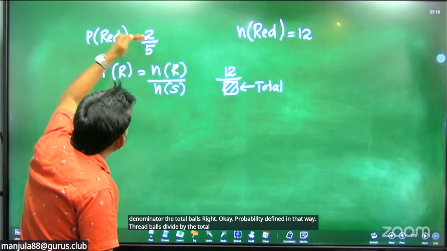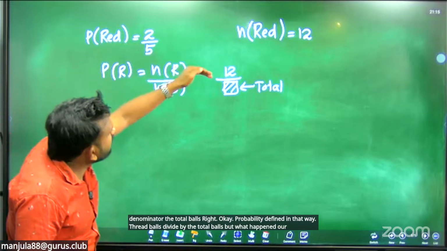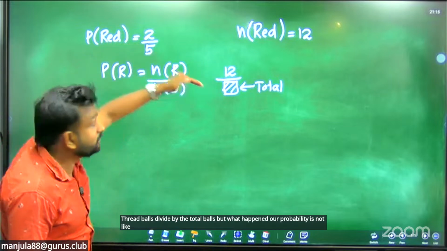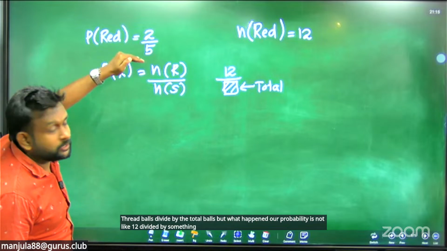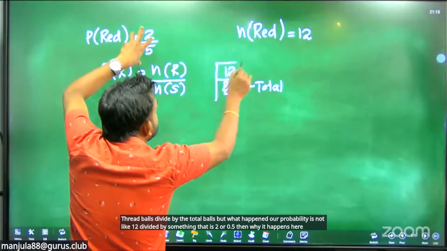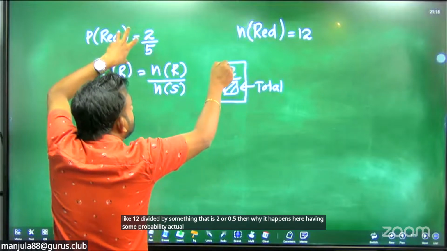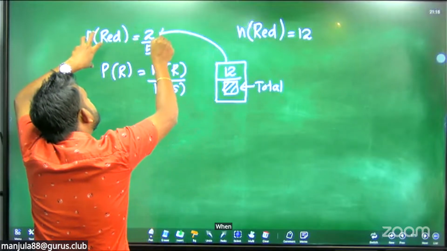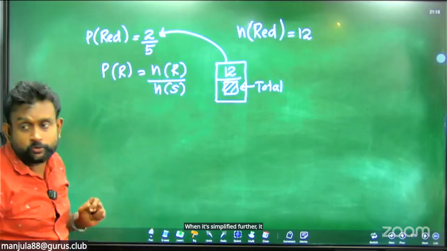But our probability is not like 12 divided by something that equals 2 upon 5. Why does it happen? Because it is an actual probability, and when it is simplified further, it gives us 2 upon 5.